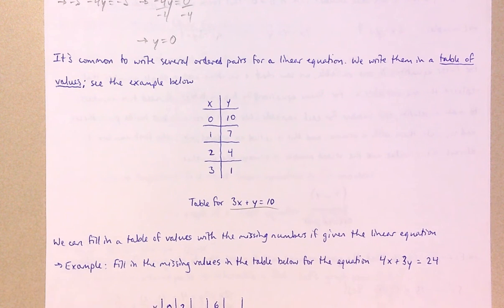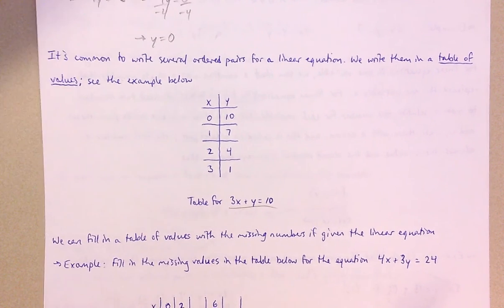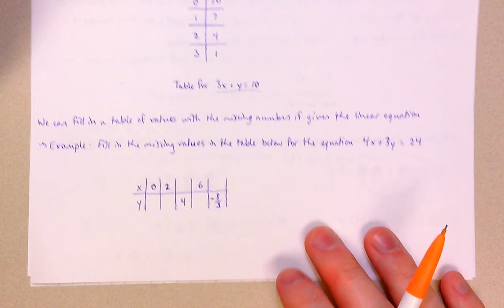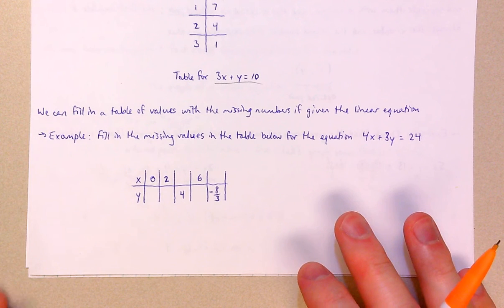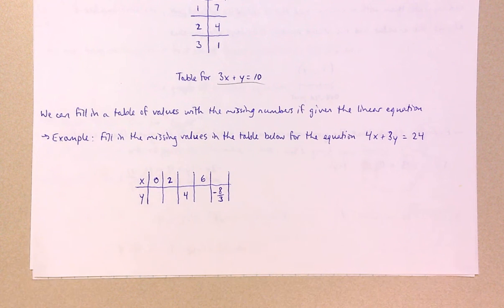So we can fill in a table of values with the missing numbers as long as we're given the linear equation and we know one of the numbers, just like we did with the previous few problems there. We're just going to take care of multiple missing values sort of at once here.